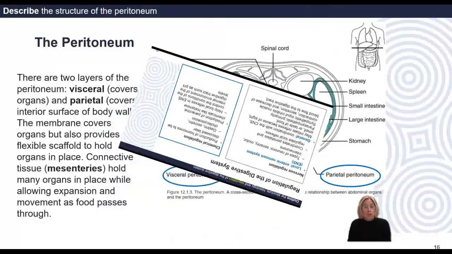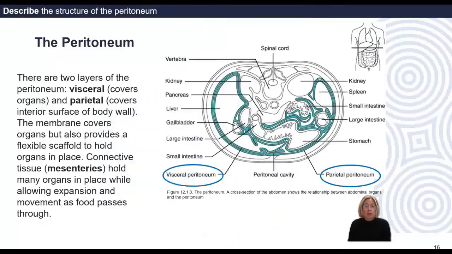Now, the body walls and the organs of the abdominal cavity are lined with serous membranes called the peritoneum. These are smooth membranes, and they secrete a fluid that provides a lubricating film between the membranes. This fluid is called peritoneal fluid. There are two layers of the peritoneum.